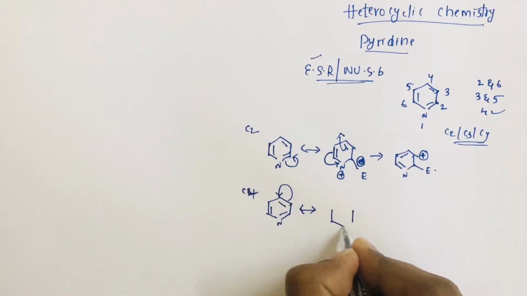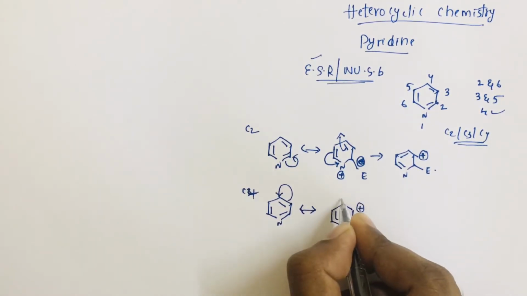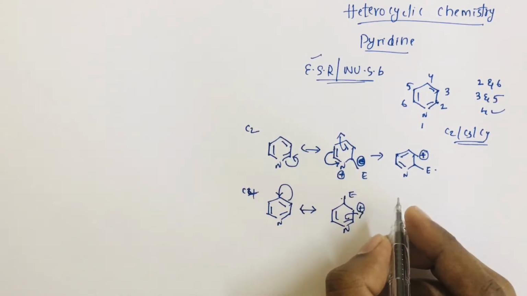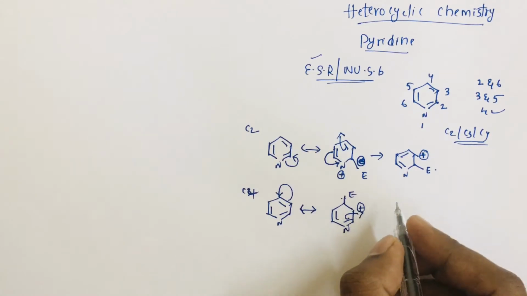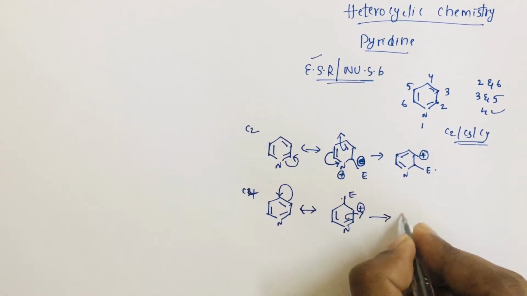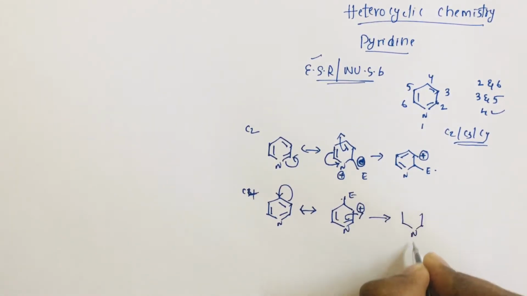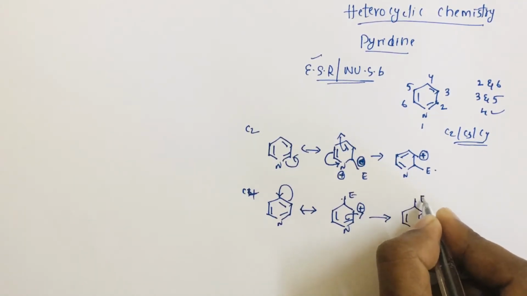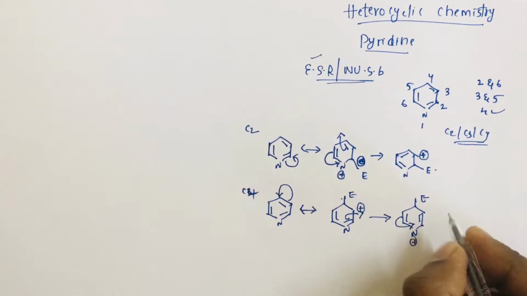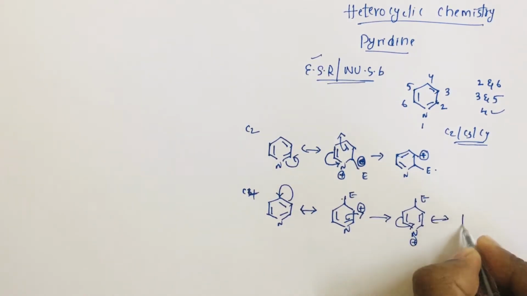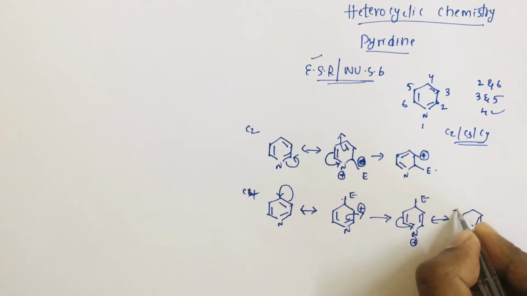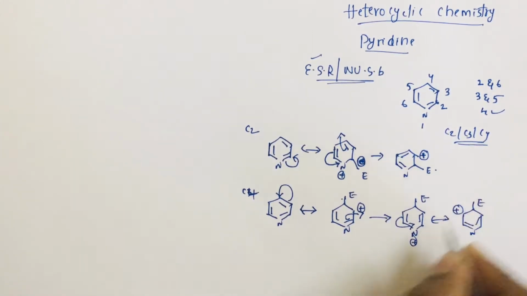Now there is a positive charge here, and the electrophile comes and attacks here, and this goes this way, and now there is a positive charge on nitrogen, and this bond comes here. This is at C4.